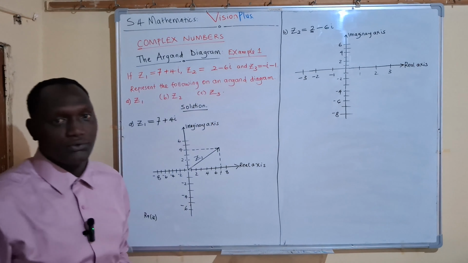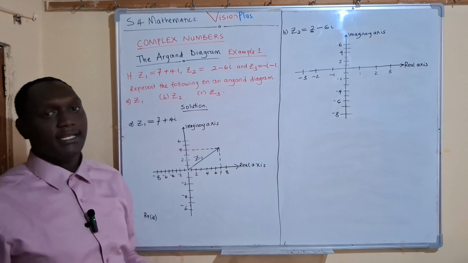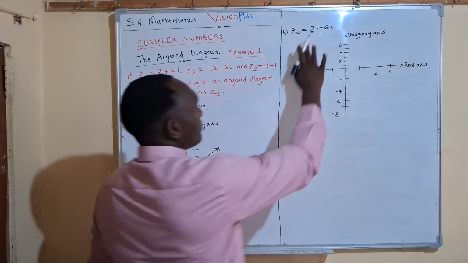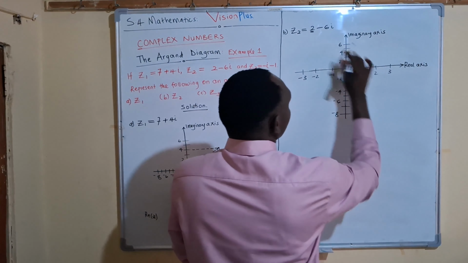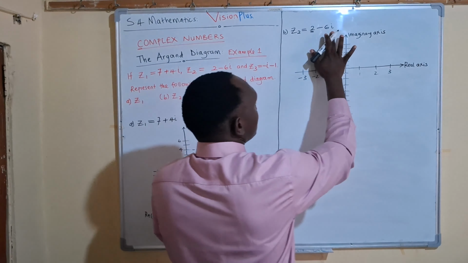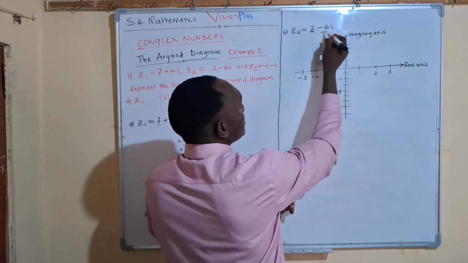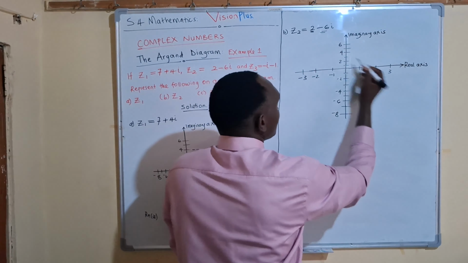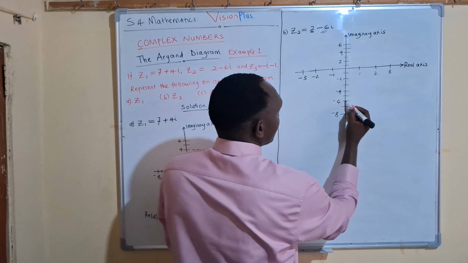Now from here, you just need to get the point of intersection of 2 and negative 6. Remember, 2 is the real part of the complex number, and the imaginary part, which is the coefficient of i, is negative 6. So we shall take these 2, and then we'll look for negative 6 on the vertical axis. And the negative 6 is here.